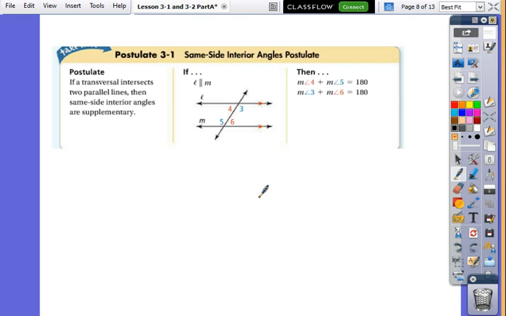If a transversal cuts two parallel lines, then same side interior angles are supplementary. That's this postulate right here. We can call it the same side interior angles postulate. Or we can write it out: if a transversal intersects two parallel lines, then same side interior angles are supplementary.